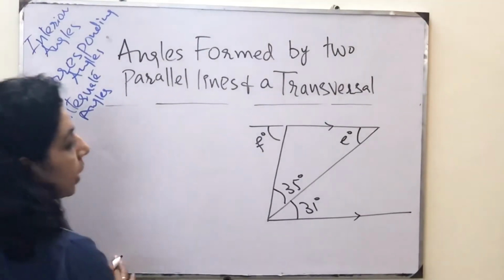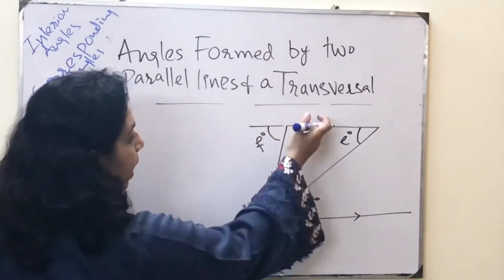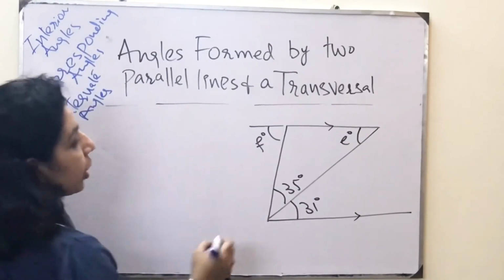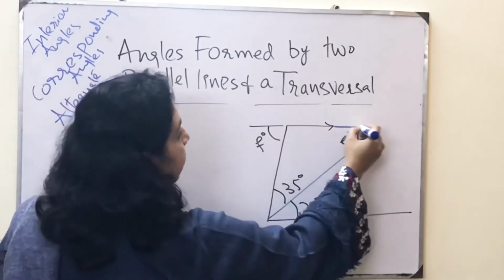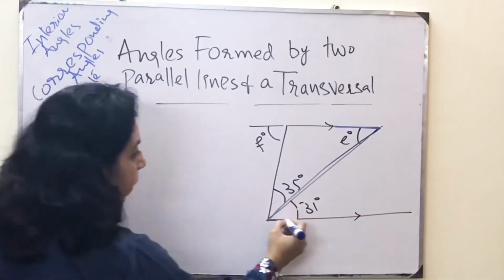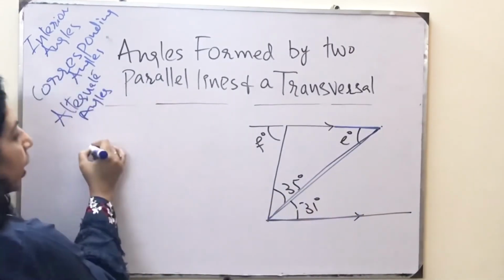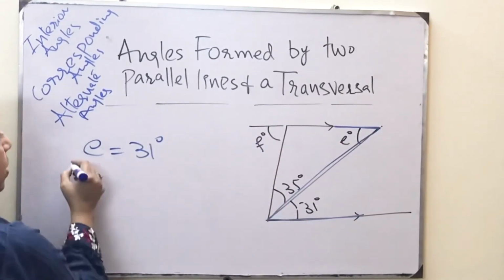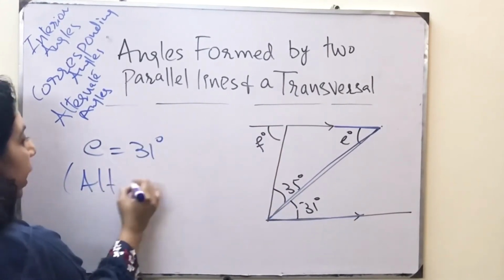Next question, you can see that these are the parallel lines. This is the first transversal, second transversal. So when we shall take E, you can easily have E, parallel line, transversal, parallel line, E equals to 31 degree. Reason, Z, they are making Z, so these are alternate angles.